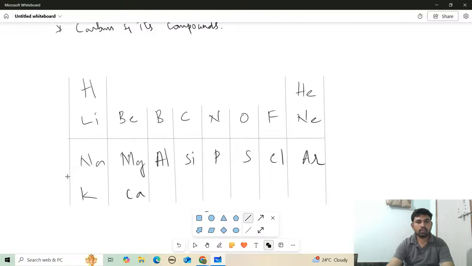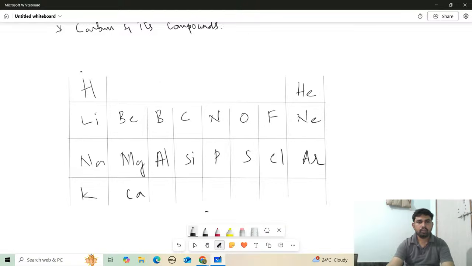It is very, very important for us in the first chapter, as well as in metals and non-metals, where valency is required whenever you are writing a chemical formula. So this will be the first A group elements. Let me use different colors.